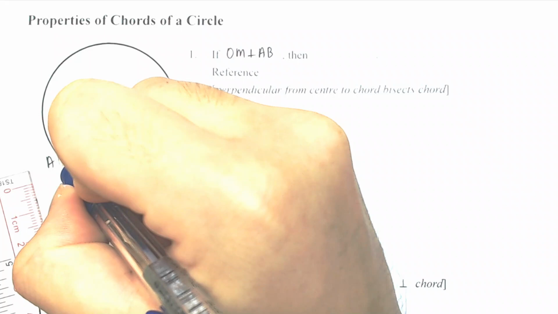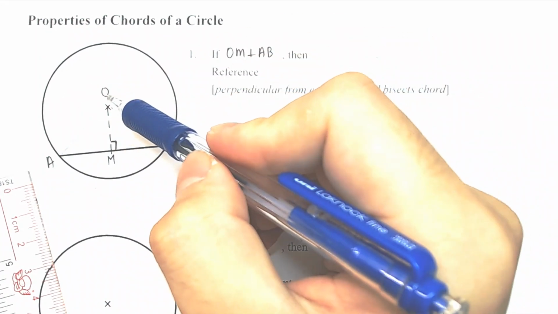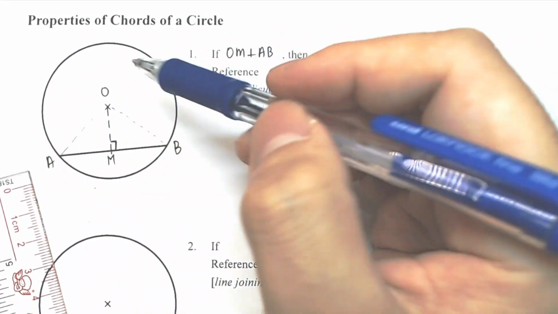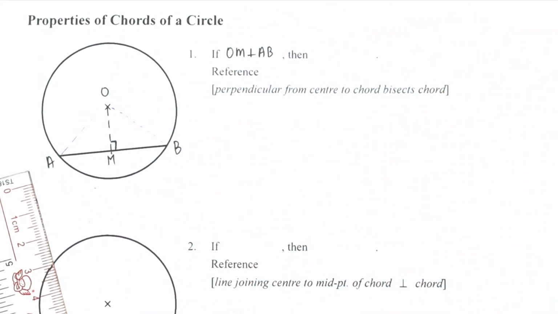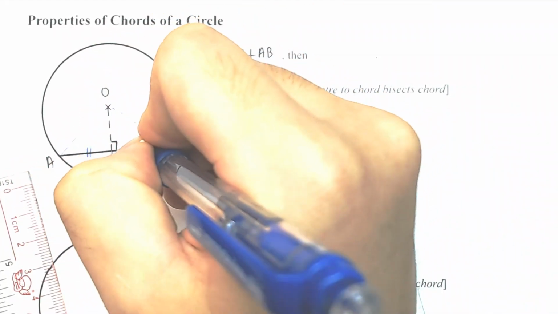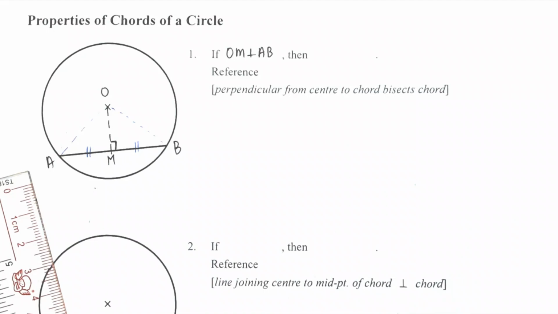If we draw OA and OB, you should find out that triangle OAM is congruent to triangle OBM, and thus we will have AM equals MB.